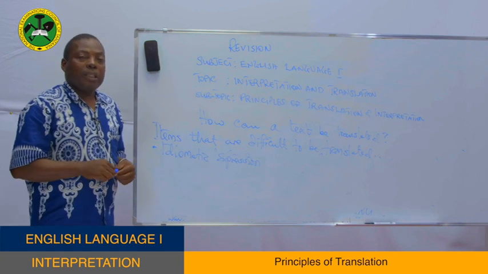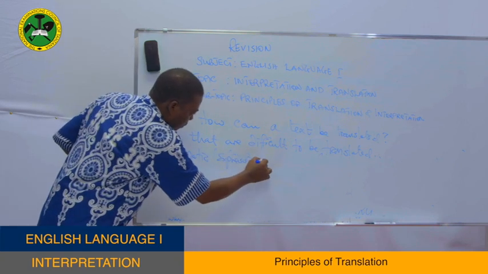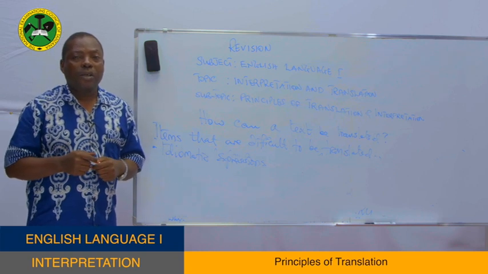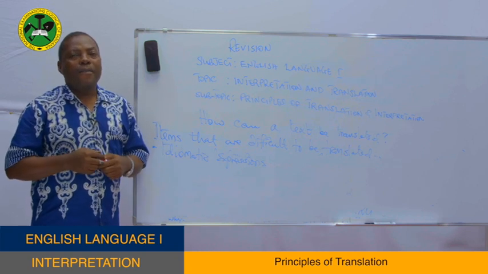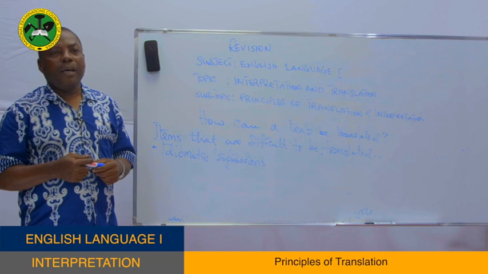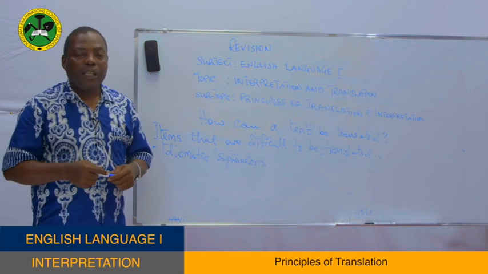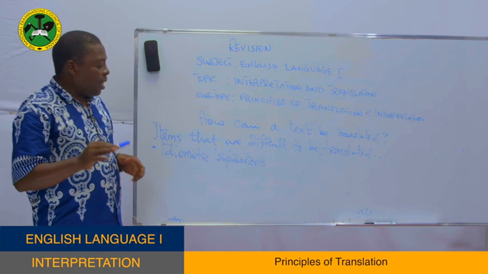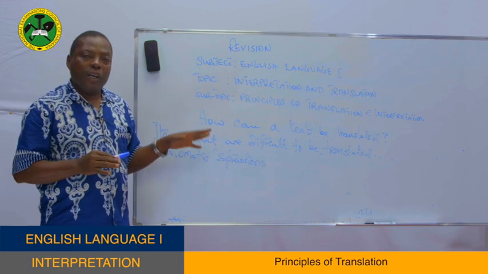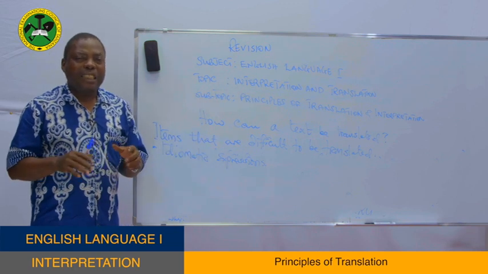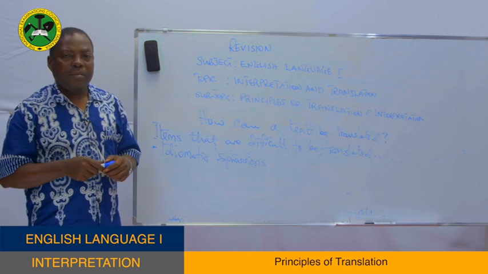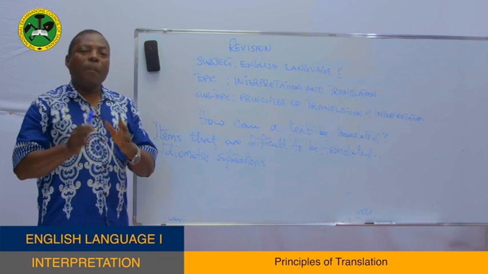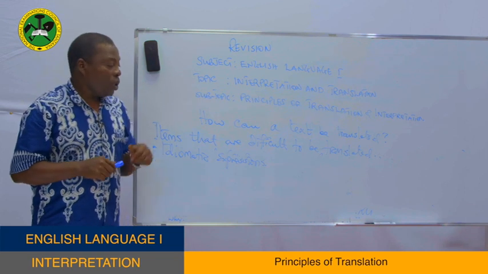These are expressions which have fixed meaning and they are culturally understood. You cannot understand the meaning of these idiomatic expressions just by looking at the individual words. They have got some special meaning that has been attached to these words.